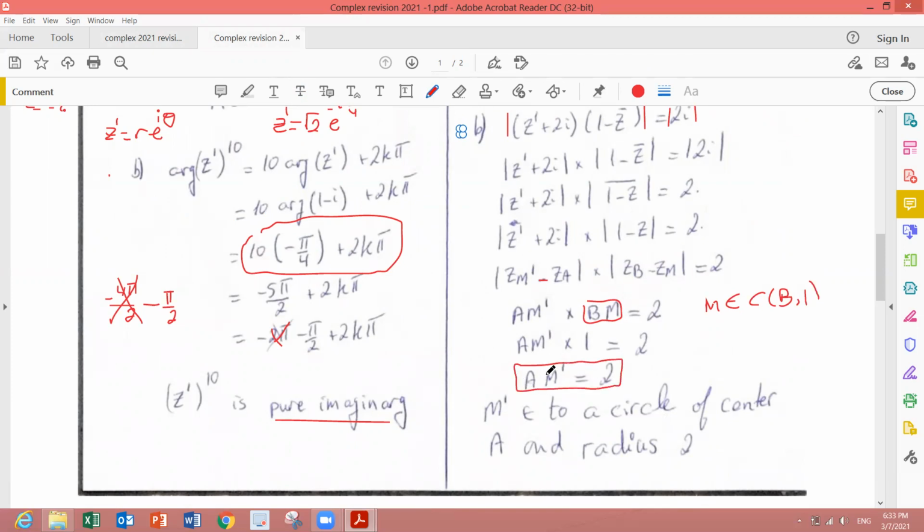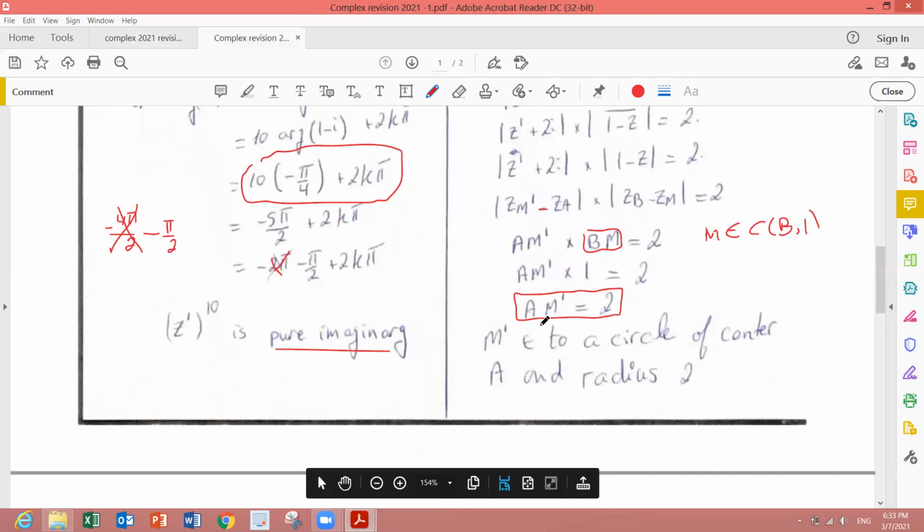The distance from A to M prime is 2. So M prime varies on a circle of center A and radius 2.